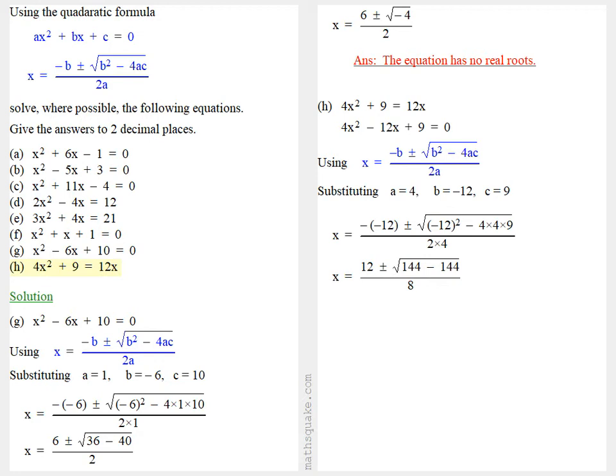Now that means x is equal to 12 plus or minus the square root of 144 minus 144 all over 8, which is equal to 12 plus the square root of 0 over 8, which is just 12 over 8 or 1.5. So this question has only one answer. X equals 1.5.